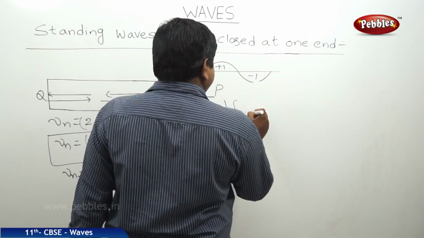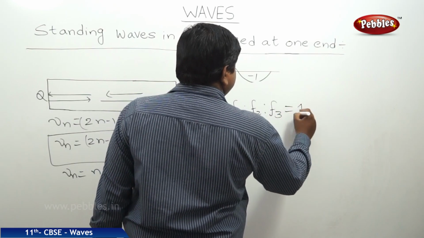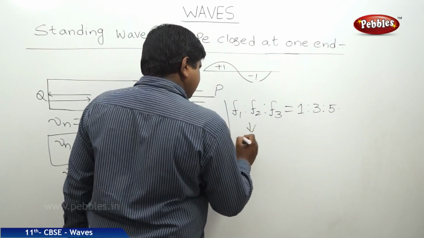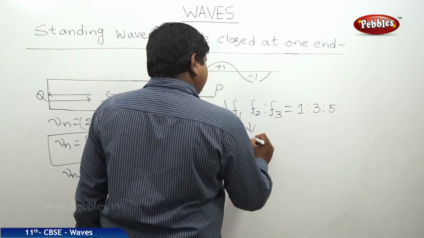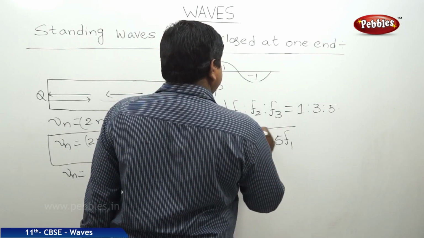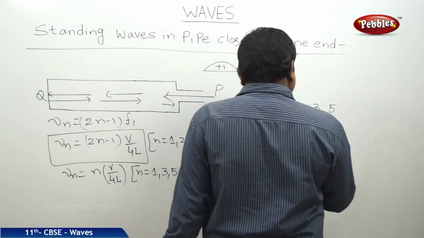Therefore f1 is to f2 is to f3 is equal to 1 is to 3 is to 5, because f1 is f1, f2 is 3f1, f3 is 5f1. So here we get odd harmonics of frequencies.